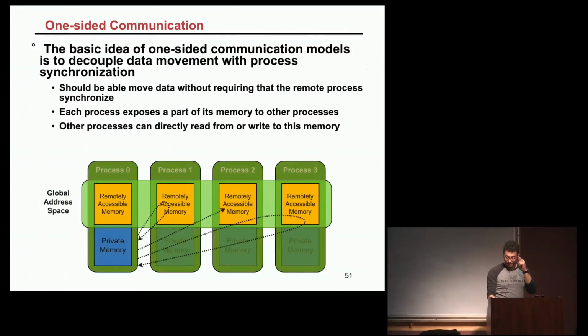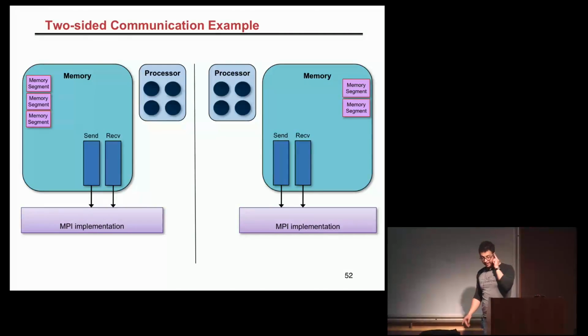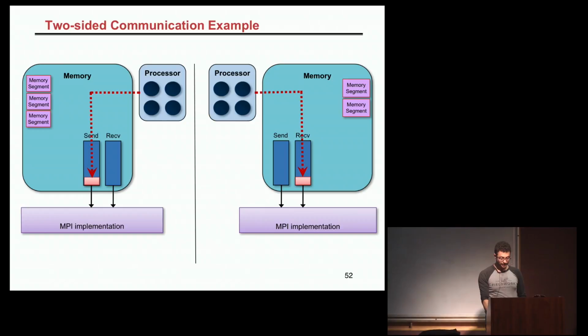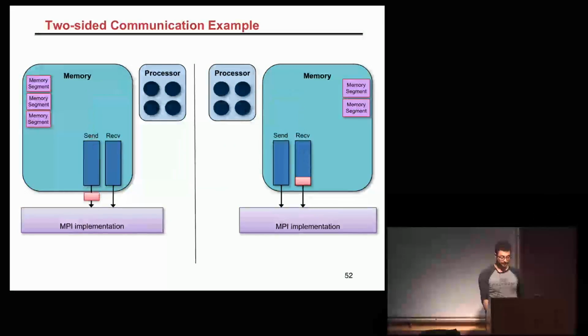So I'm going to skip these illustrations because I want to get to this one. So what's happening when I do a two-sided communication? Look at the picture. There are two processors, and they will be sending data to each other with two-sided standard MPI. Here's what happens. The recipient basically creates memory space, and the sender creates memory for the data that it will send.